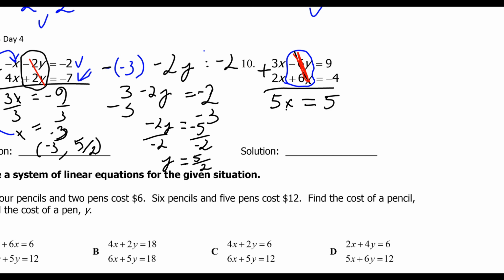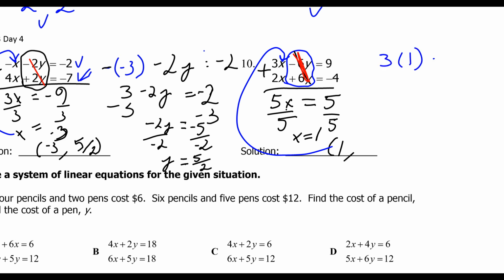Okay, so 1. And then we just take this and run it back around up here, and that's going to be 3 times 1 minus 6y equals 9. So 3 minus 6y equals 9.